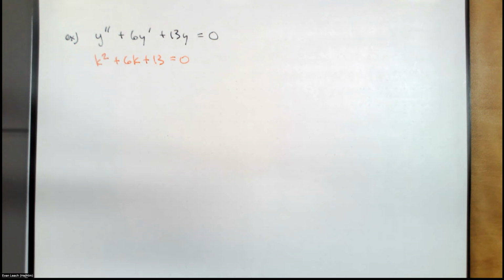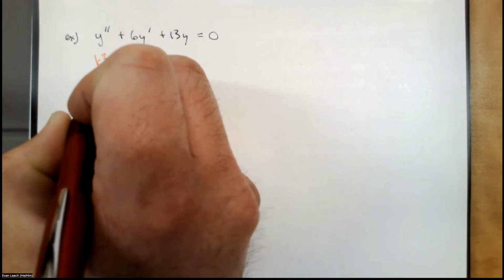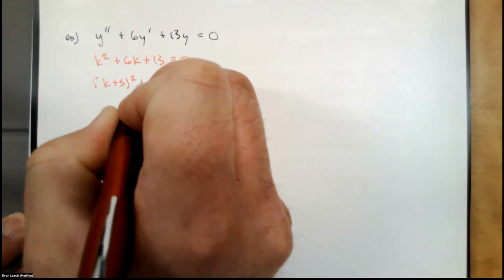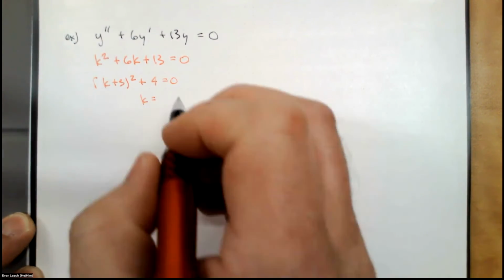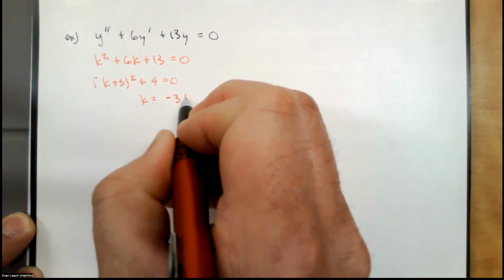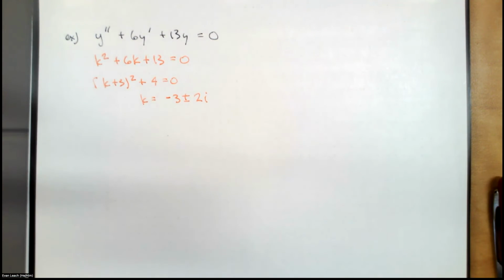This is not factorable over the real numbers. We still need the zeros, so we complete the square, and we get complex solutions.